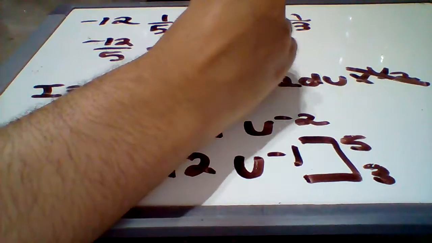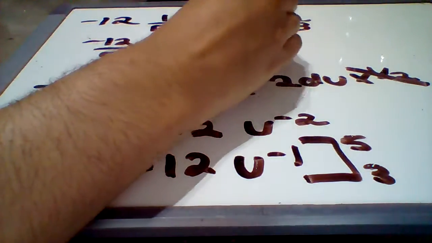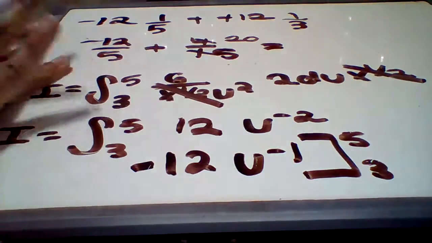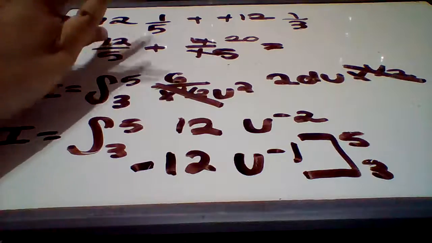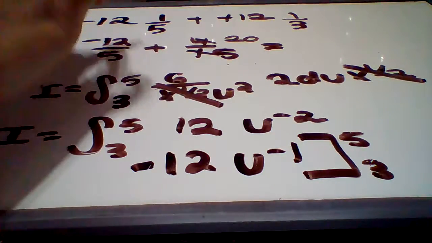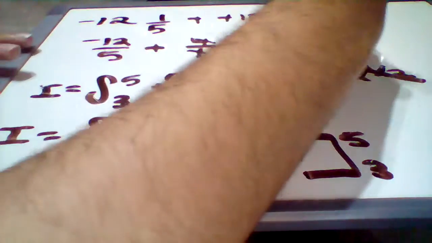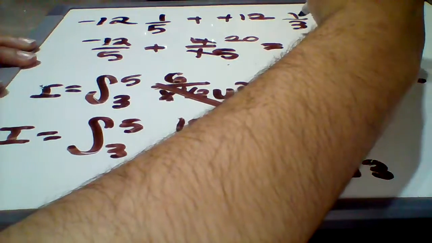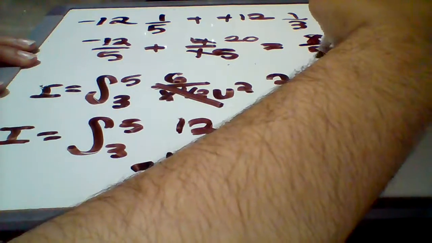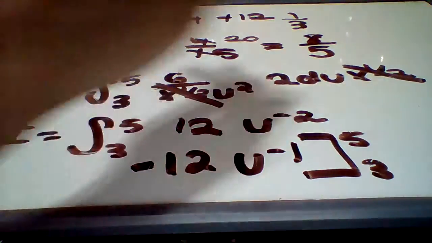So times 5 is 20. So that would give me 8/5, which is the answer to the problem.